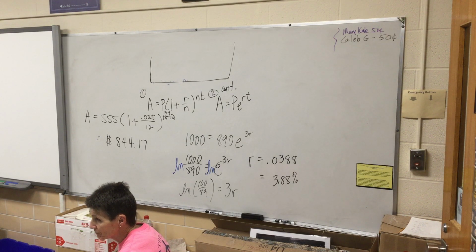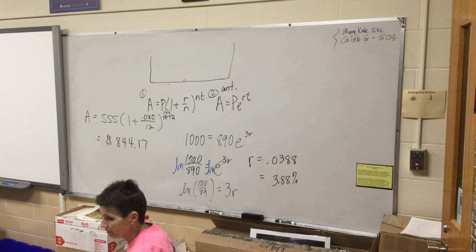So saving for the future, future value; paying something off, present value. Okay? So let's read problem number 9.